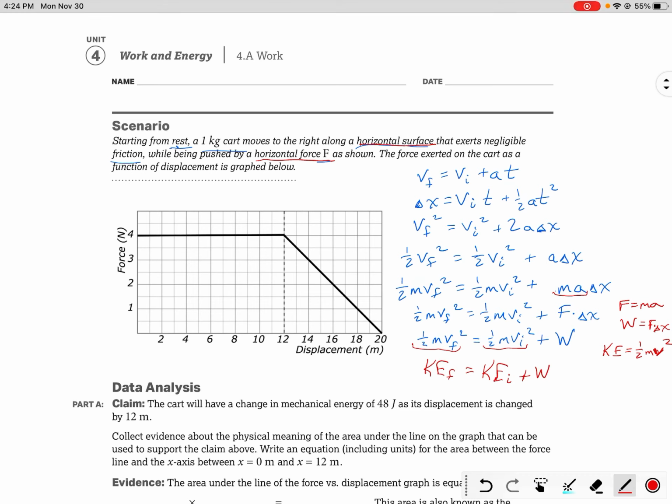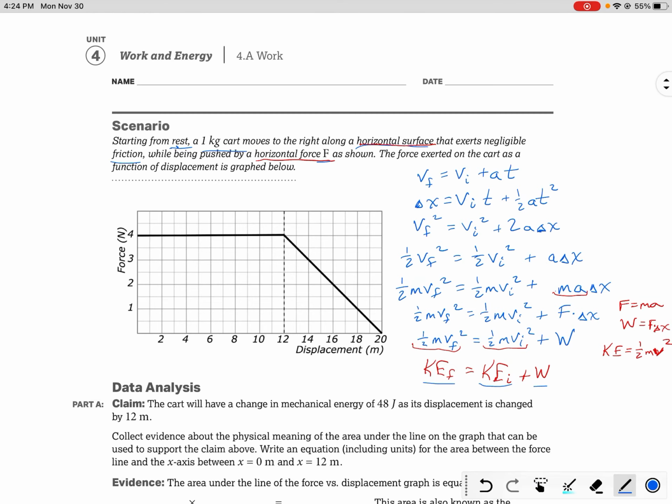So what does this say? So by applying work, I change the kinetic energy from whatever it started at to whatever it ended up at. So this is kind of a general description of how work can change the kinetic energy.